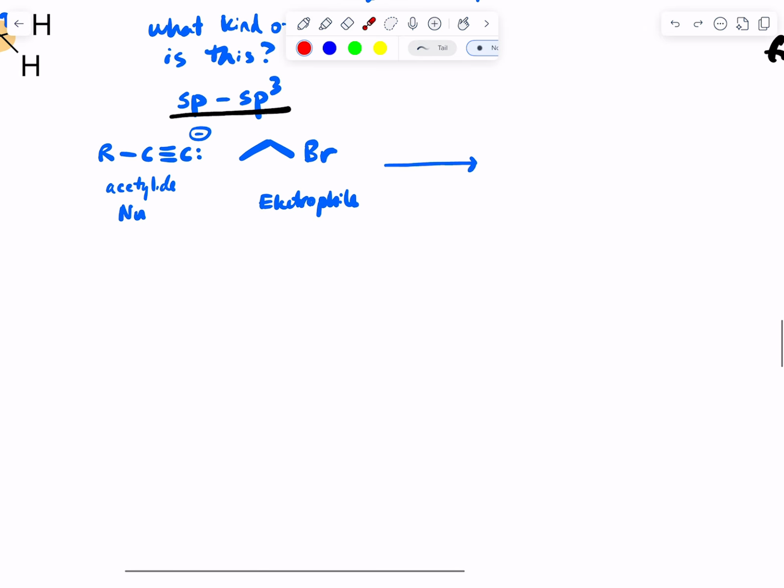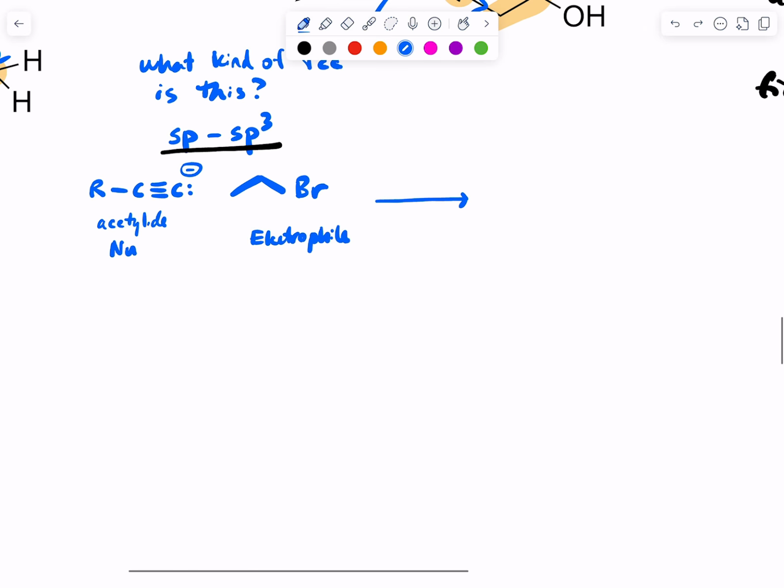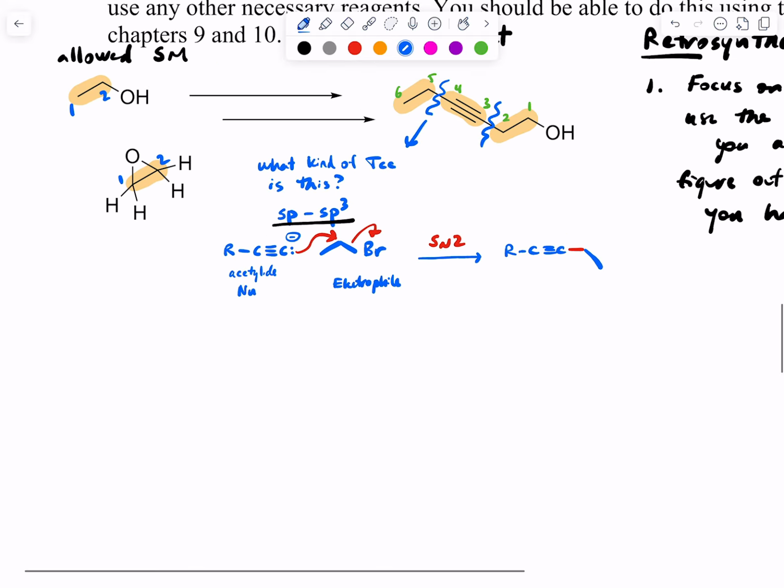Okay, so yes, this is a good strategy for making a bond with an adjacent carbon. This is an SN2 type reaction, and that will make a bond between an sp hybridized carbon and an adjacent sp3 hybridized carbon.